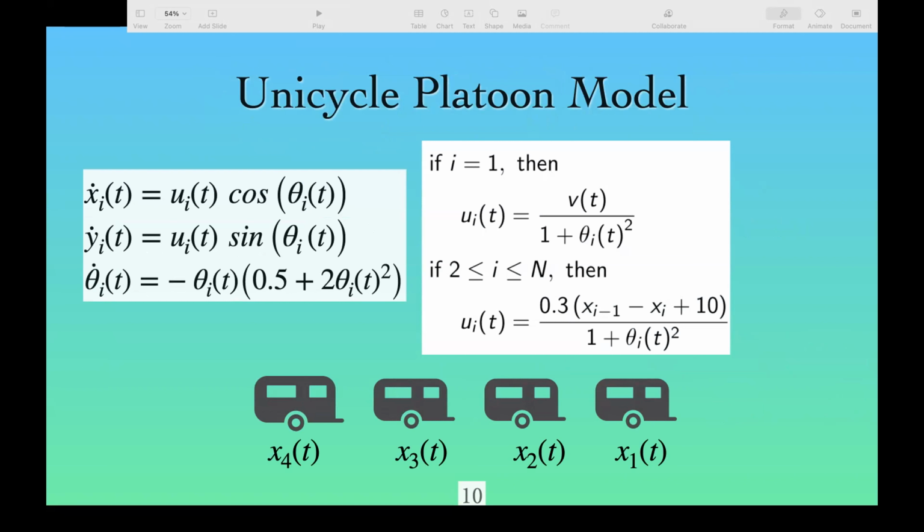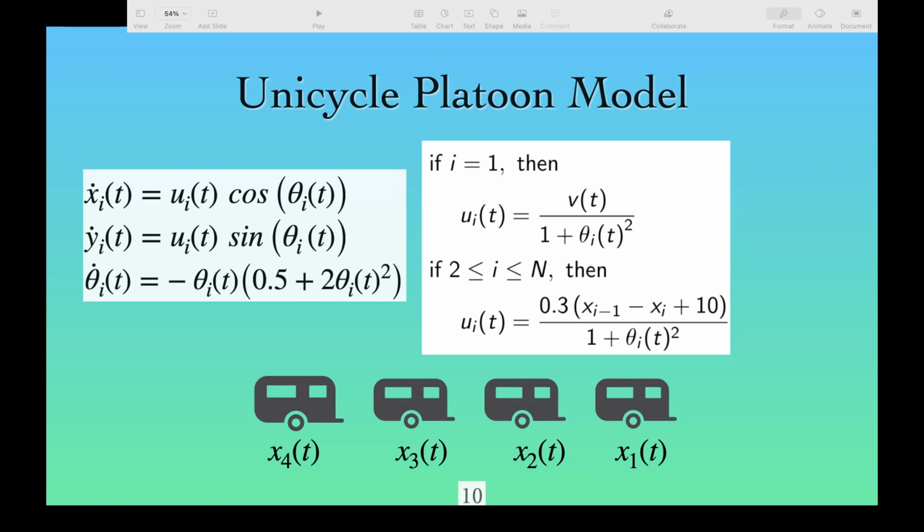The rate of change of the x and y coordinates are the same as I've shown for the first simple unicycle model, but I introduce a nonlinear feedback for the angular velocity as well as nonlinear feedback for the input velocity for each of the unicycles, which are the u_i_t.